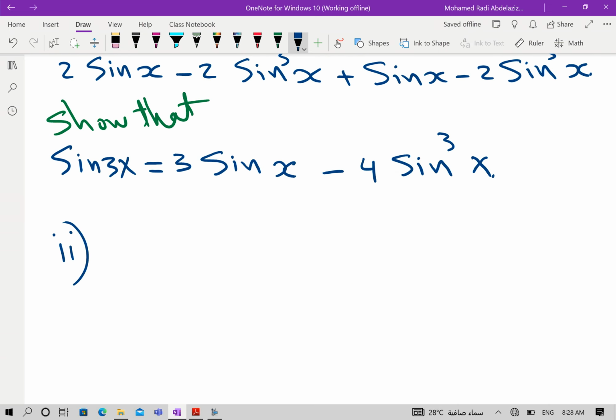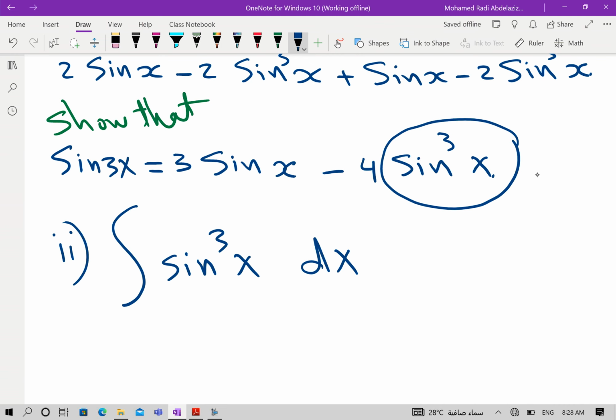Now, part 2, integrate sine cube x by dx. But I will explain later, inshallah, how to integrate it without using this identity. Sine 3x is equal to 3 sine x minus 4 sine cube x. How to integrate sine cube from part 1? Try to find sine cube as the subject.